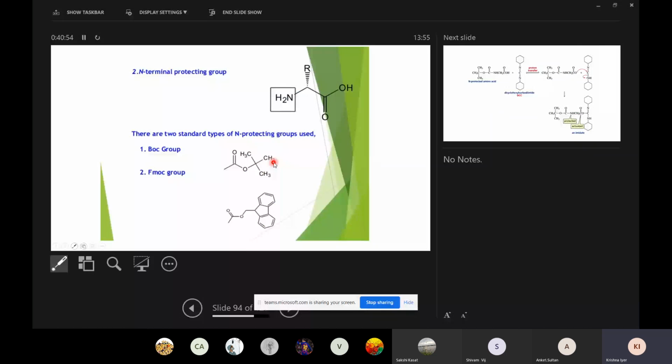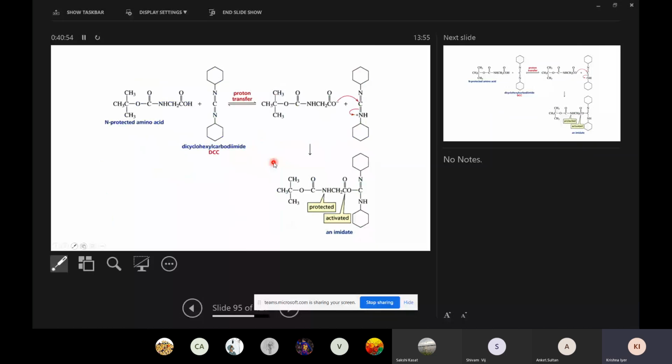Now see what I do. I have this protected amino acid. I react this carboxyl end with a reagent called dicyclohexyl carbodiimide. Dicyclohexyl carbodiimide has a very electropositive, or electron deficient, carbon because of the presence of two adjacent nitrogens, which are electronegative and pull the electrons.